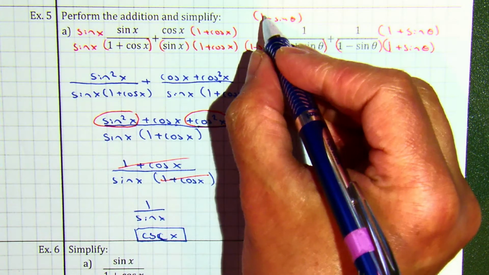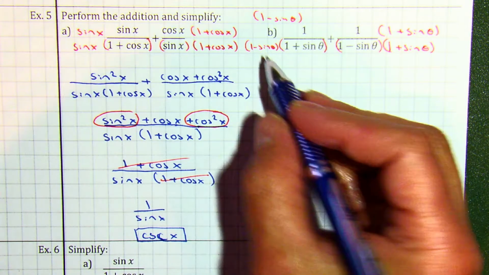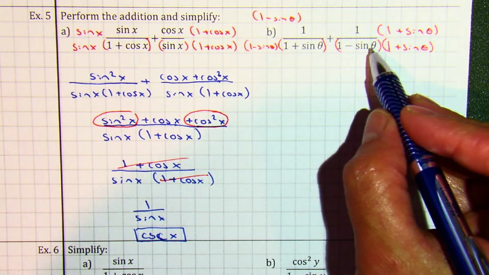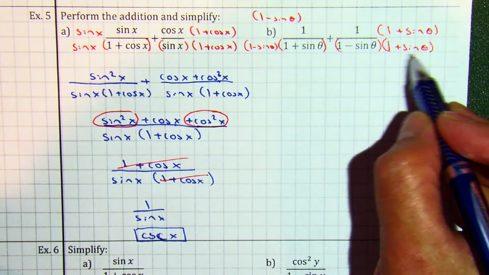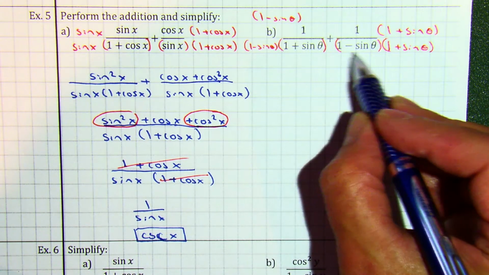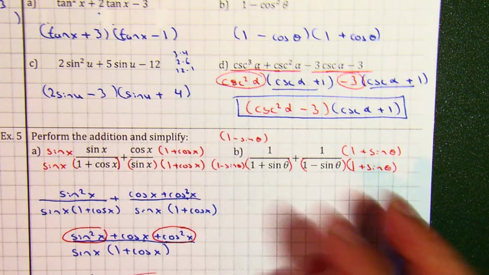I'm going to multiply it out. Now, do you remember what 1 minus sine of theta times 1 plus sine of theta is called? That is the difference of two squares, same thing that we covered here.